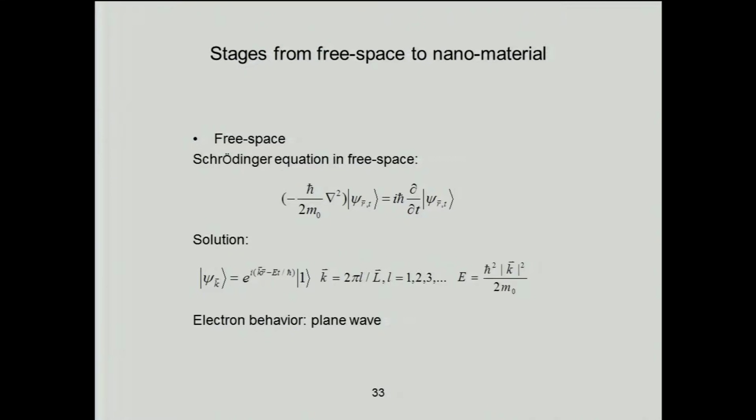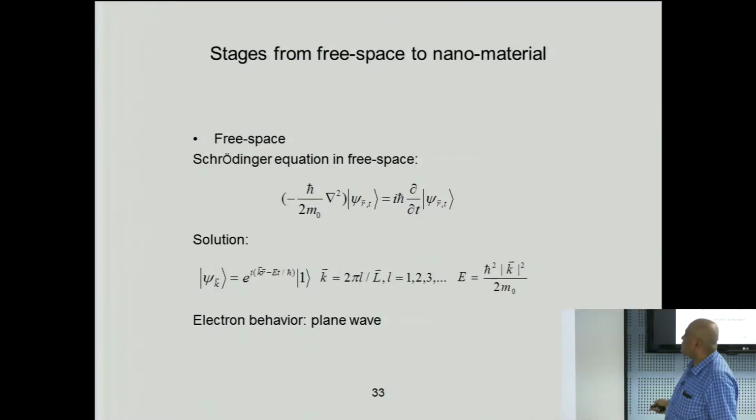When you solve for this, you get the total energy. This E that we write over here is the total energy, which, if you write this in matrix form, comes out as the eigenvalue of the matrix, meaning you are trying to find the constant which satisfies the differential equation.